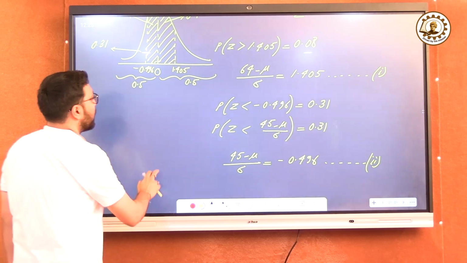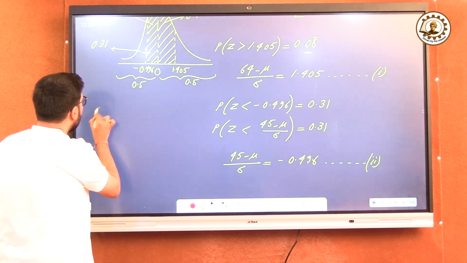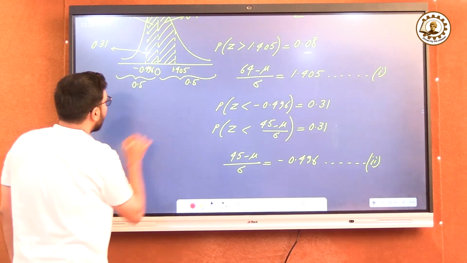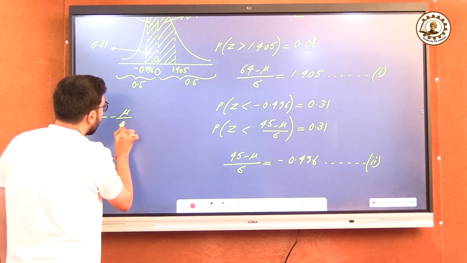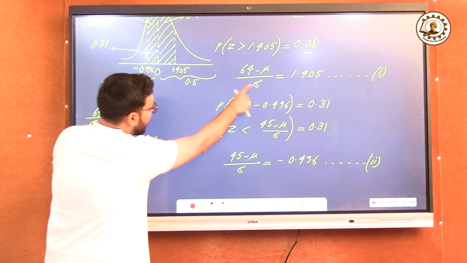Now let's solve. I am writing the first one, 64 by sigma minus mu by sigma. This is the first expression.